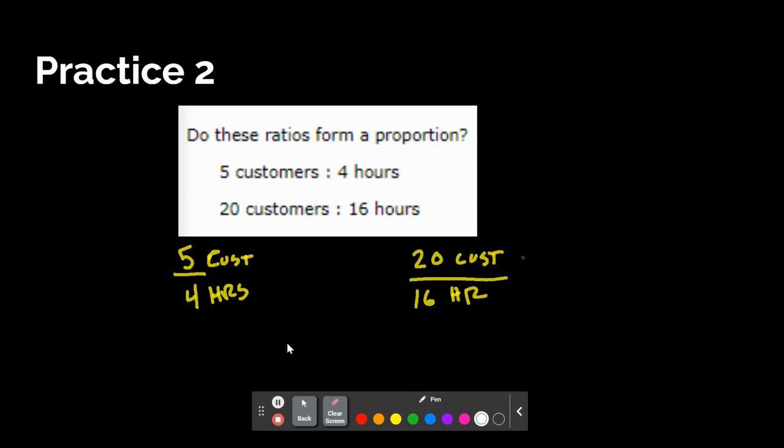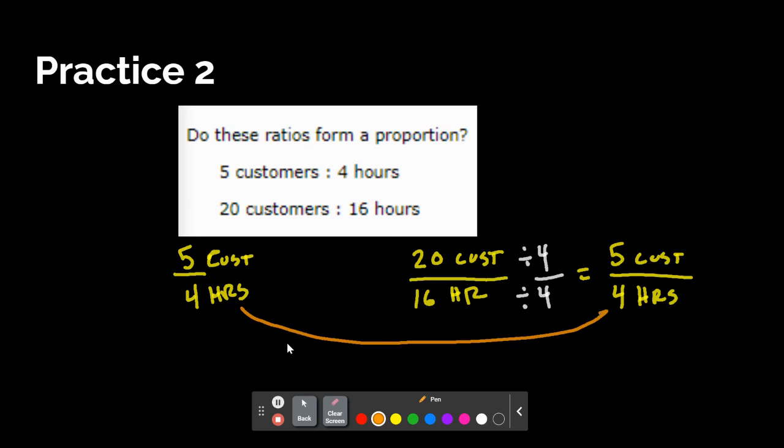Okay, we can divide both top and bottom by 4. And I find out that 20 divided by 4 is 5 customers. And 16 hours divided by 4 is 4 hours. So are they equivalent? Are these equal? Yes, they are equal. So are they proportional? Yes, they are proportional.